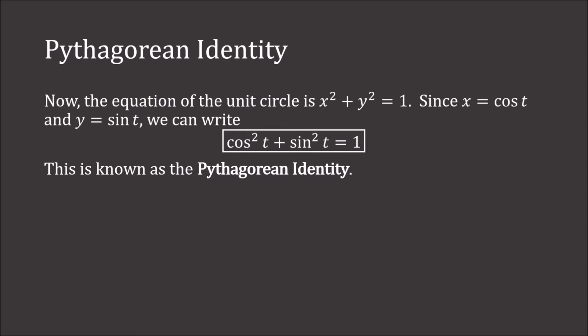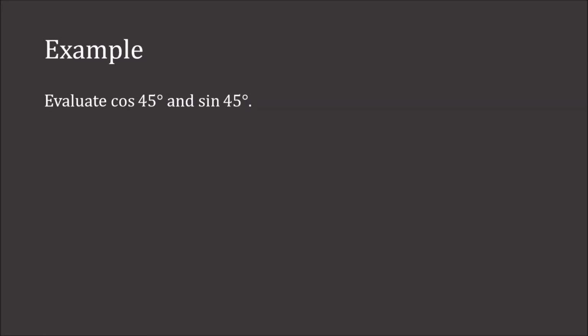So we're going to obviously be using this identity now to calculate or evaluate cosine 45 and sine of 45. So again, we want to start by drawing our unit circle.